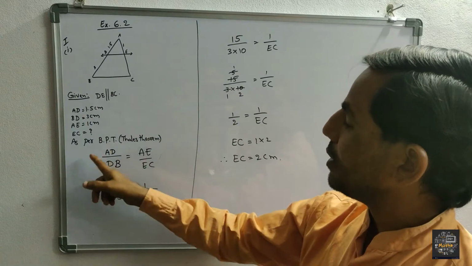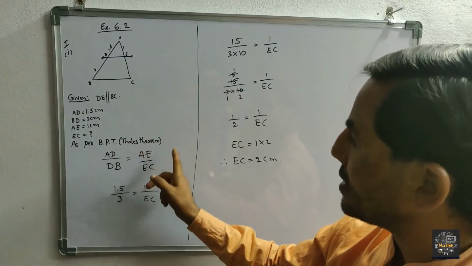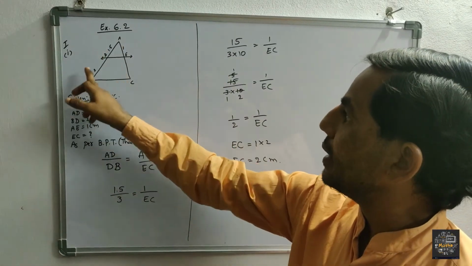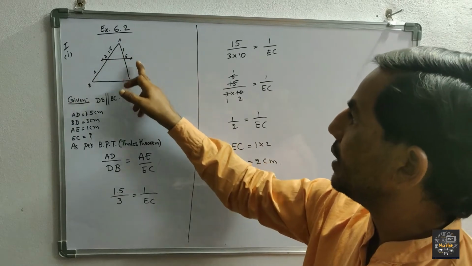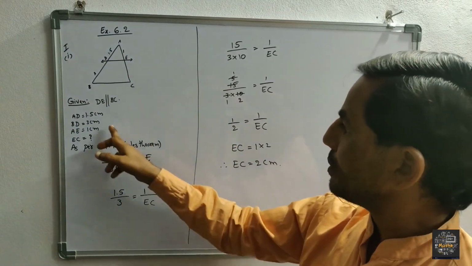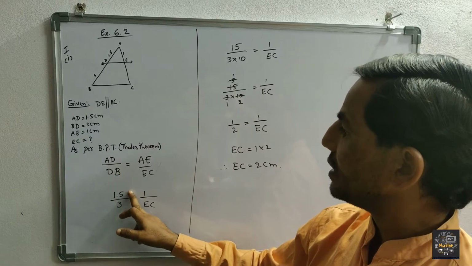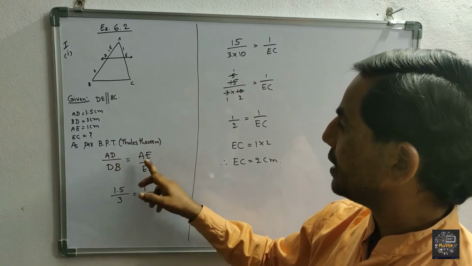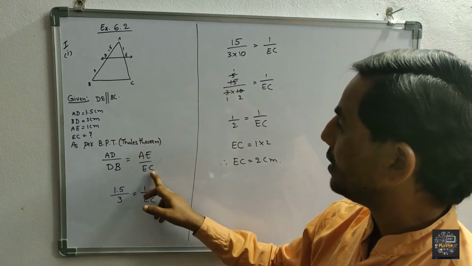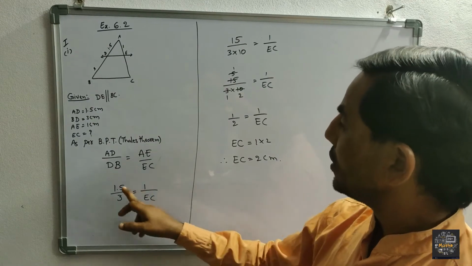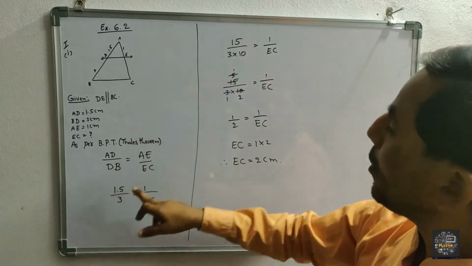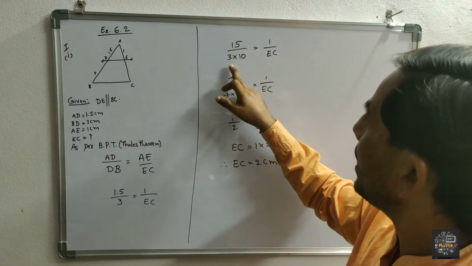As per the basic proportionality theorem or Thales theorem, AD by DB is equal to AE by EC. So substitute values: AD is 1.5 centimeter, DB is 3 centimeter, AE is 1 centimeter, and EC value is not there. Simplification: here 1.5 by 3 becomes 15 by 3 into 10.